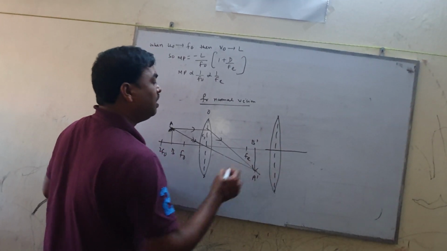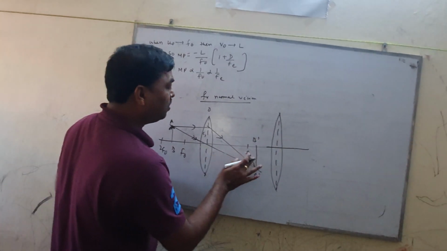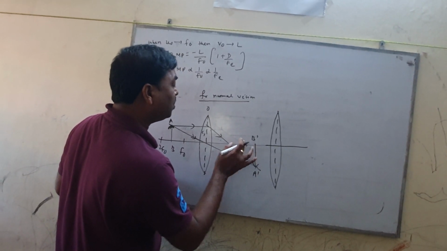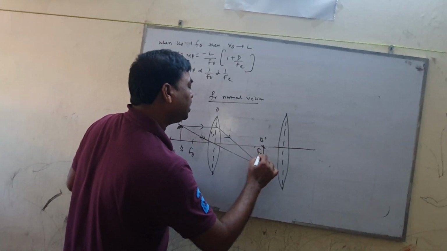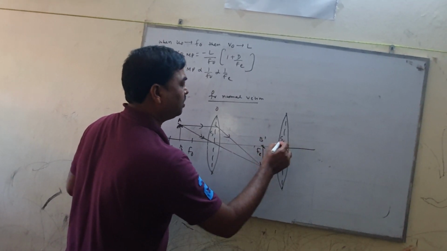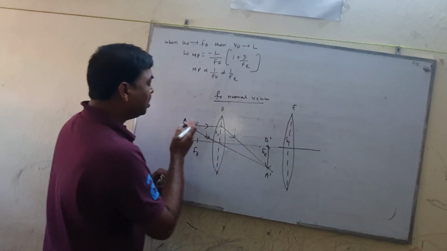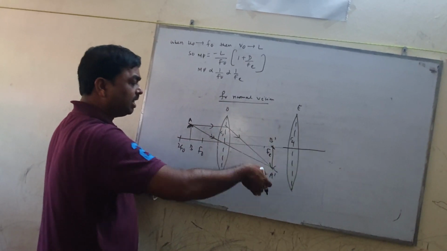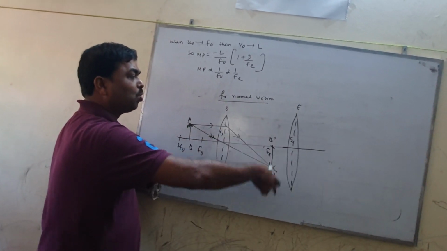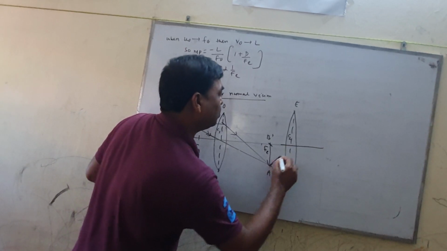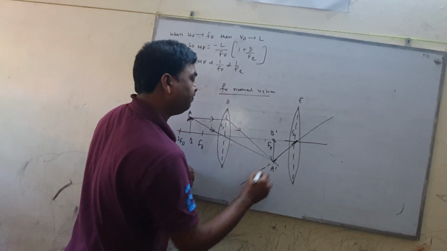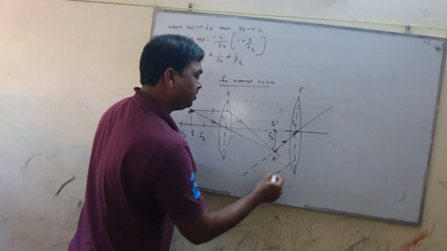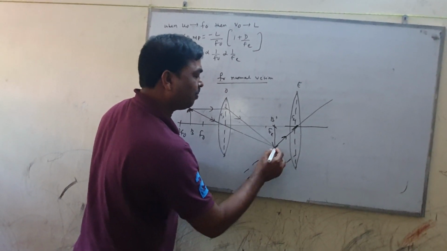But here the image from the objective lens is exactly adjusted at the focus of the eye lens. Here, the image from the objective lens is exactly at the focal plane of the eye lens. Obviously the final image is at infinity or a very far point.